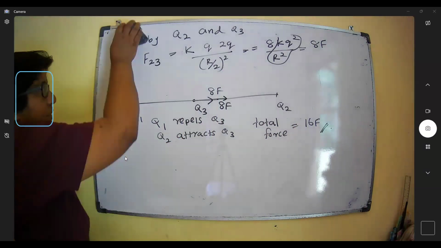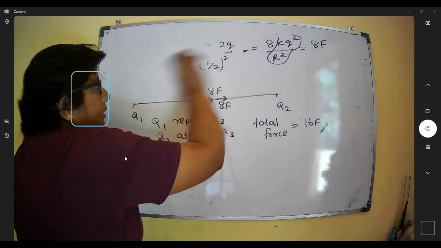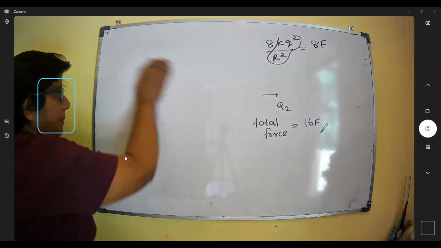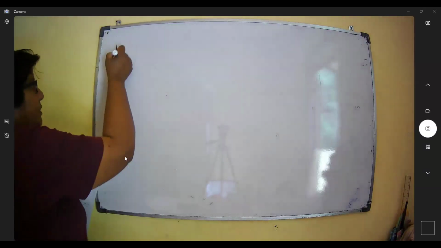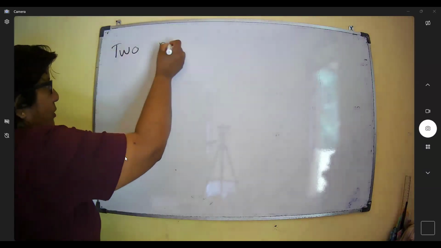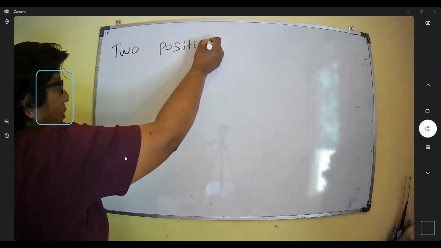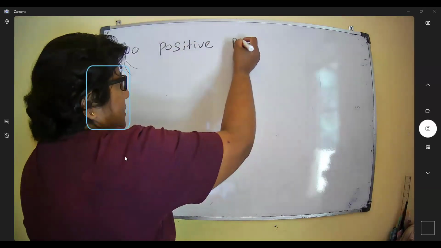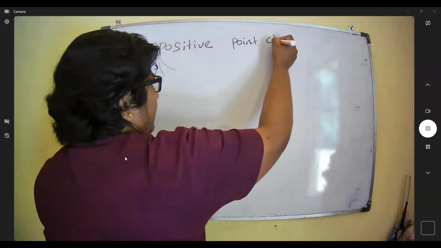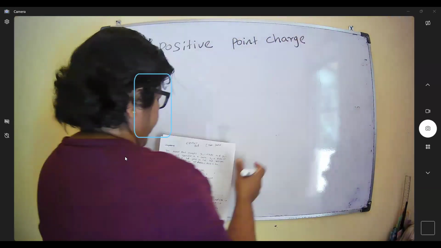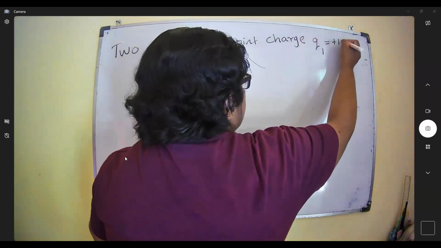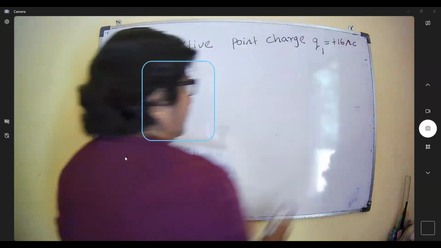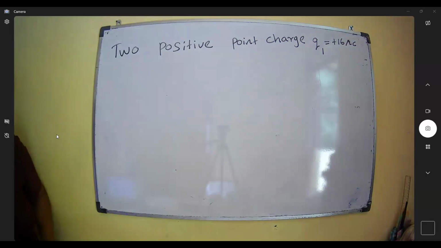Then I'm giving another question. You can write it down. It is related to the electric field intensity. Two positive point charges, Q1 is equal to positive 16 microcoulomb. You should be aware of the units also, right?